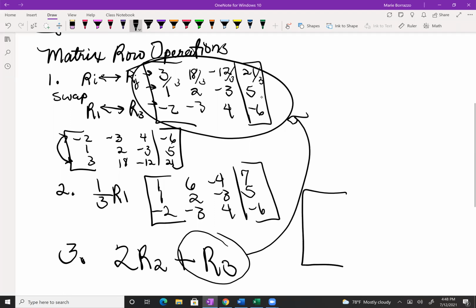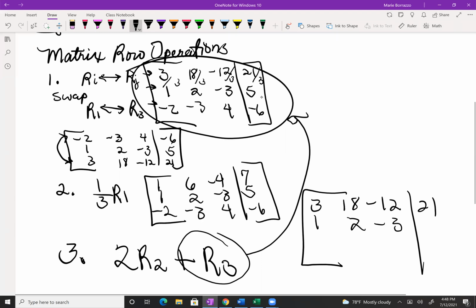So again, we know that our row 1 is not going to change. This is 3, 18, negative 12, 21, no change. Row 2, no change. 1, 2, negative 3, and 5. And here's my row 3. Since I finished with row 3, that is the row that's getting a change.